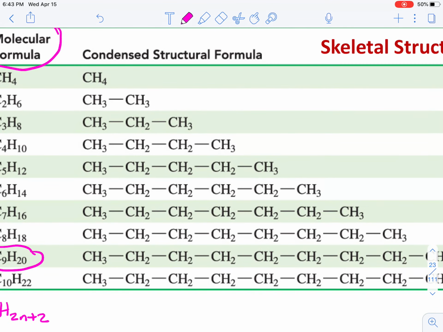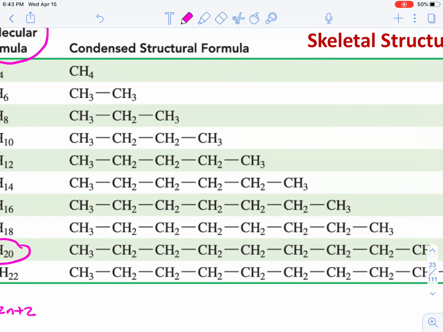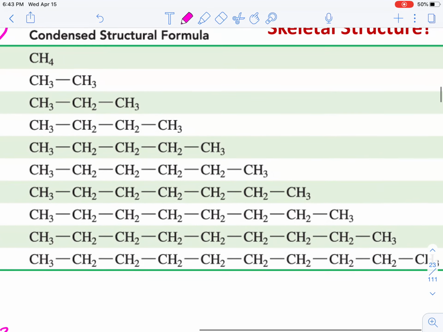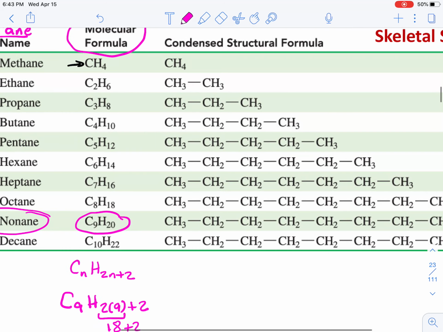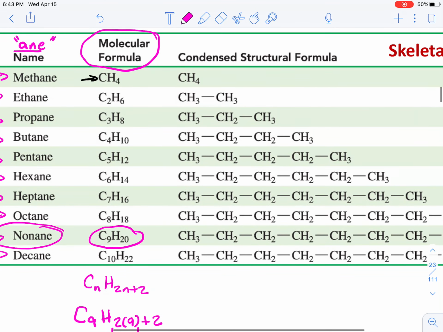For the structural formula, you can count the number of carbons and how the hydrogens are distributed. Methane has 1 carbon, so there must be 4 hydrogens. Ethane has 2 carbons, propane has 3 carbons, and so forth.